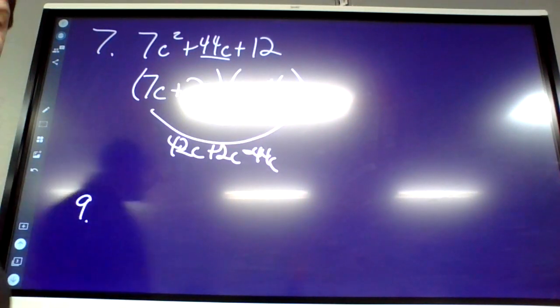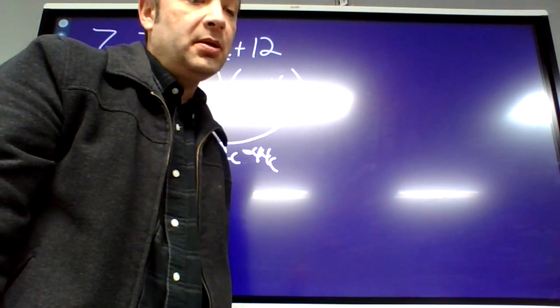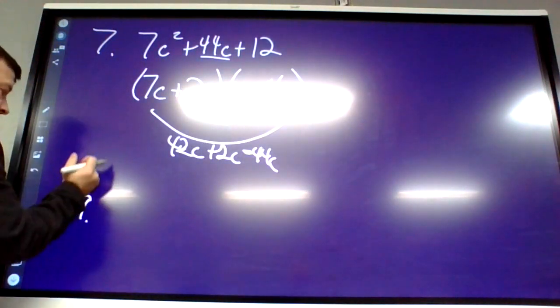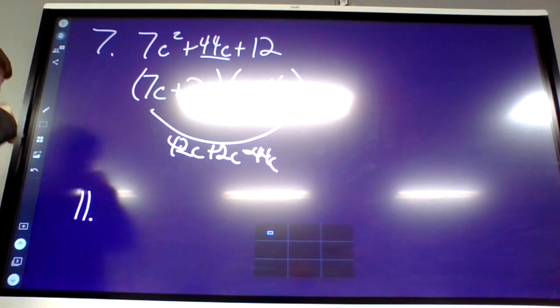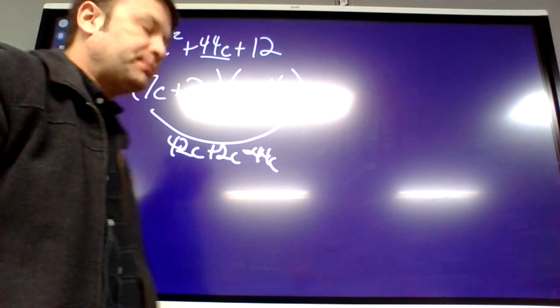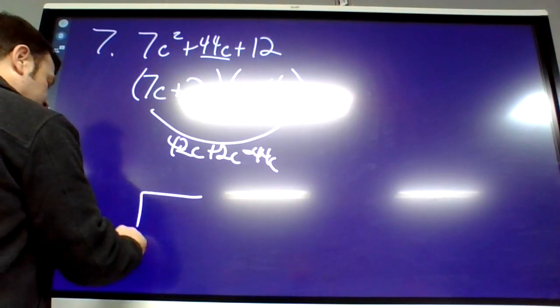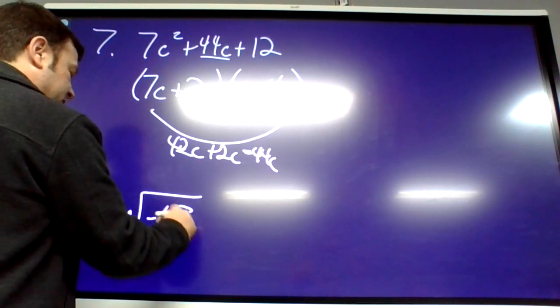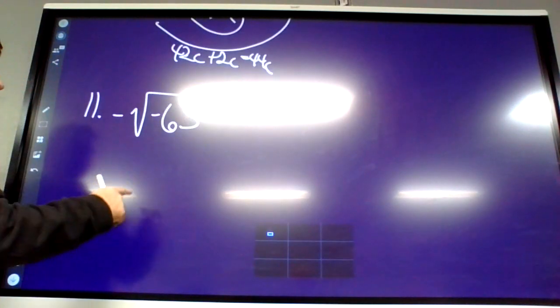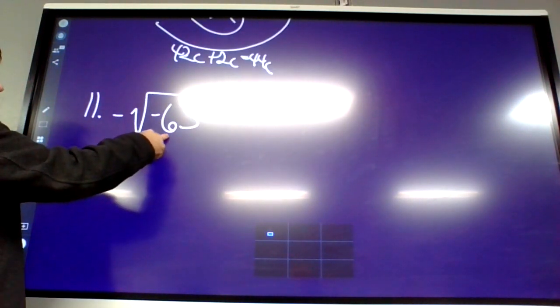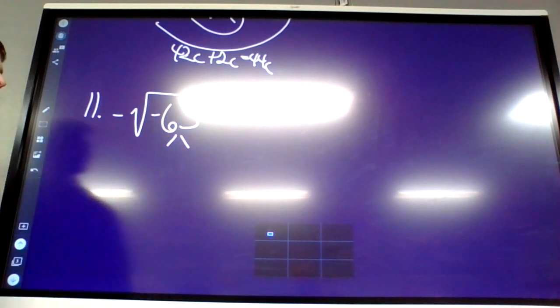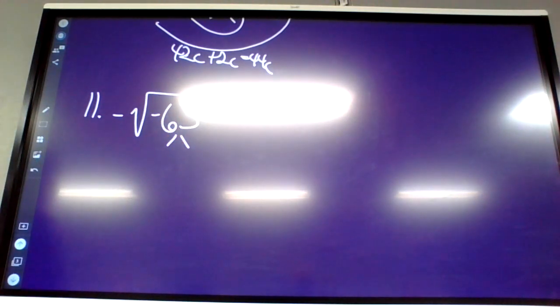Number 9. Oh, we didn't do 9, sorry. Number 11. Okay, well, you guys remember the white calculators can handle these. This one's actually not too bad. If you don't have a white calculator, you can just plug in the square root of 63 and just put i in your answer.